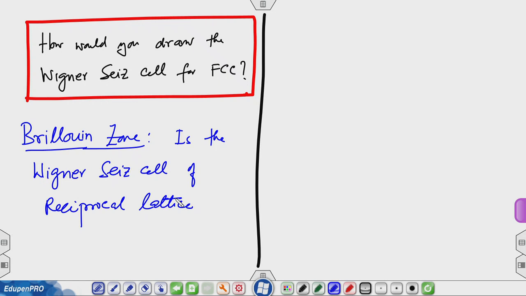So, let me ask you a question here also. How would the Brillouin zone of FCC lattice look?